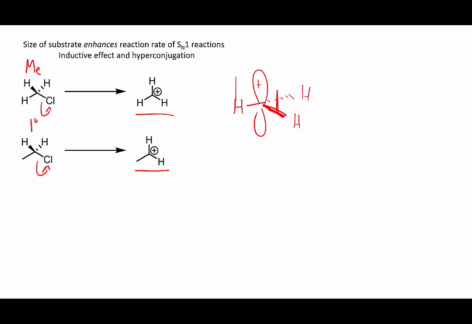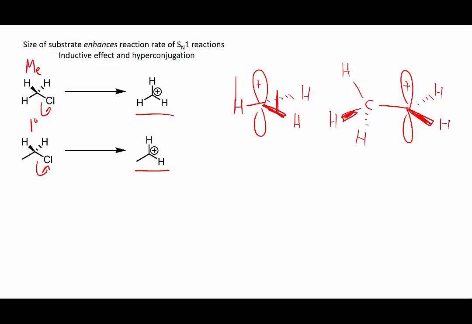And we'll draw the same thing for the other substrate, our primary substrate. And we're actually going to try to draw a little bit of stereochemistry in terms of the shape of this methyl group here. Again, remember, it's going to be tetrahedral.